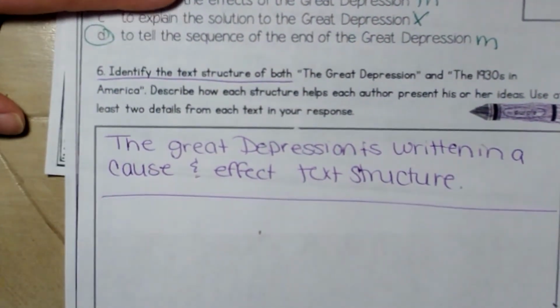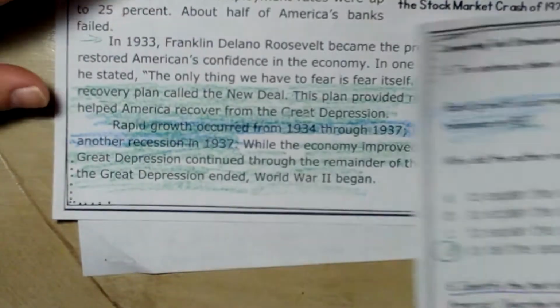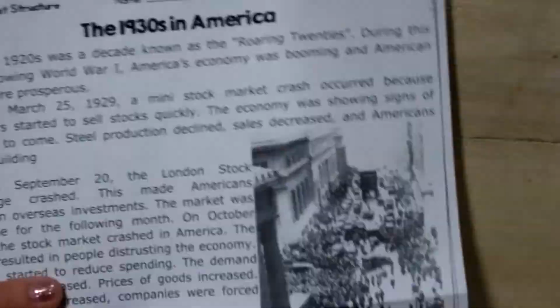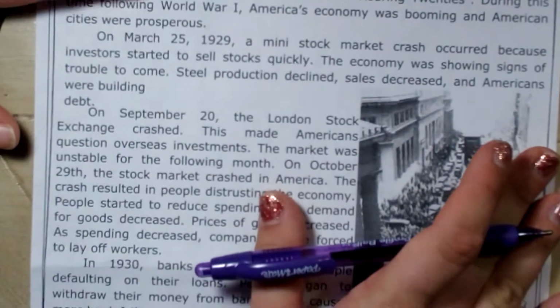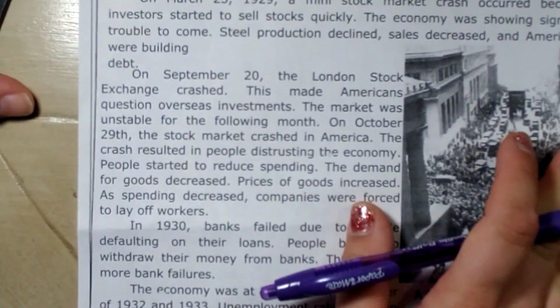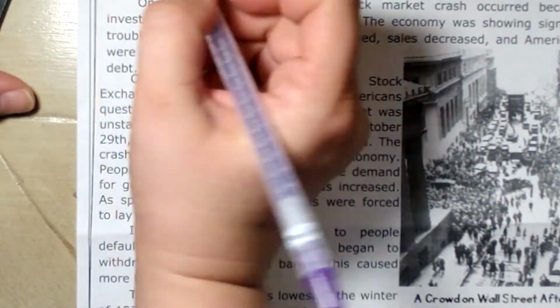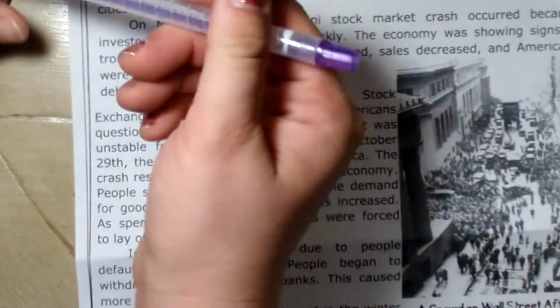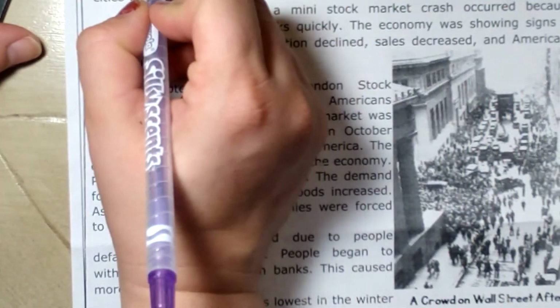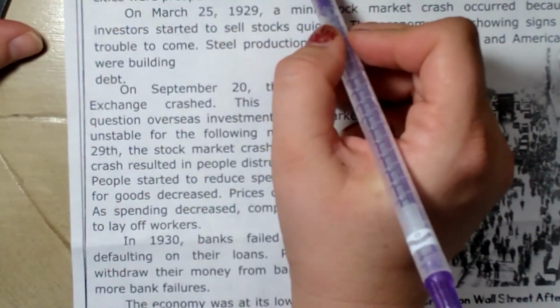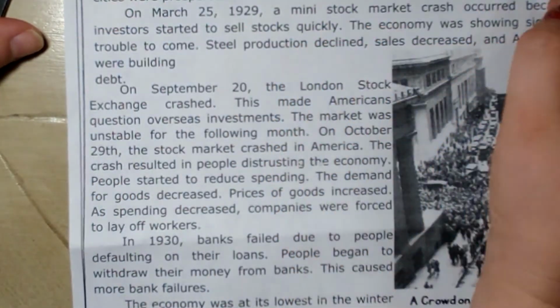The next one is the 1930s in America. It says, what is that text structure? So I'm going to use my purple crayon and I'm going to go through and find keywords. The 1920s was a decade known as the Roaring Twenties.